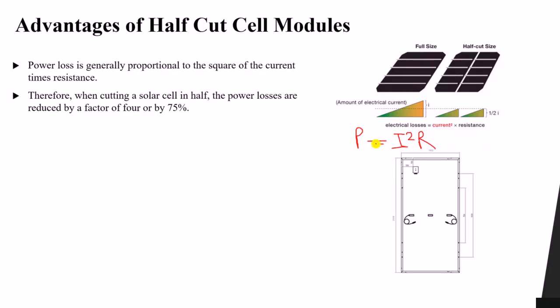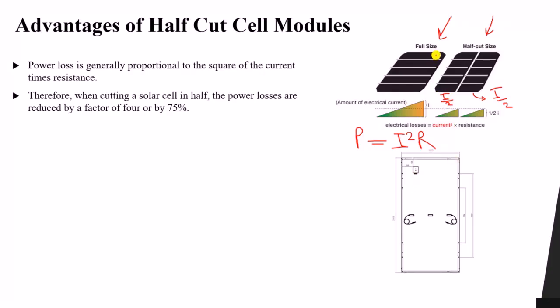Because if you look at this figure, we have the full size and we have the half cut size. So here when we divide our cell into half, it means that we will have I over 2, half of the current, here, and I over 2 here.